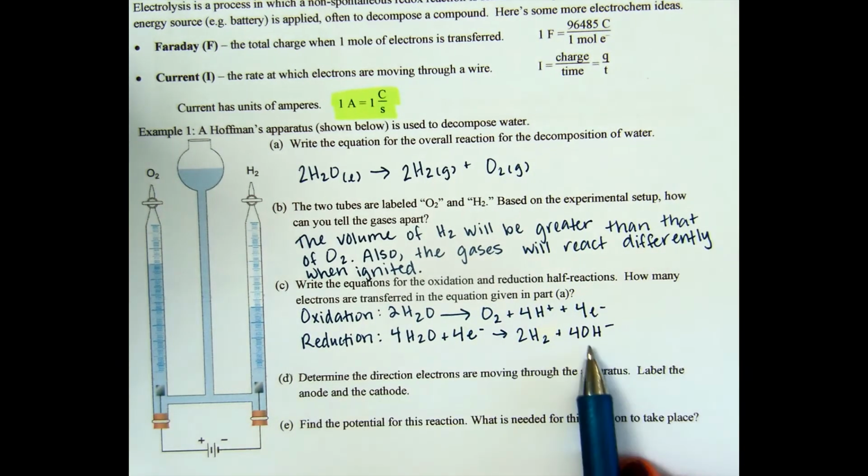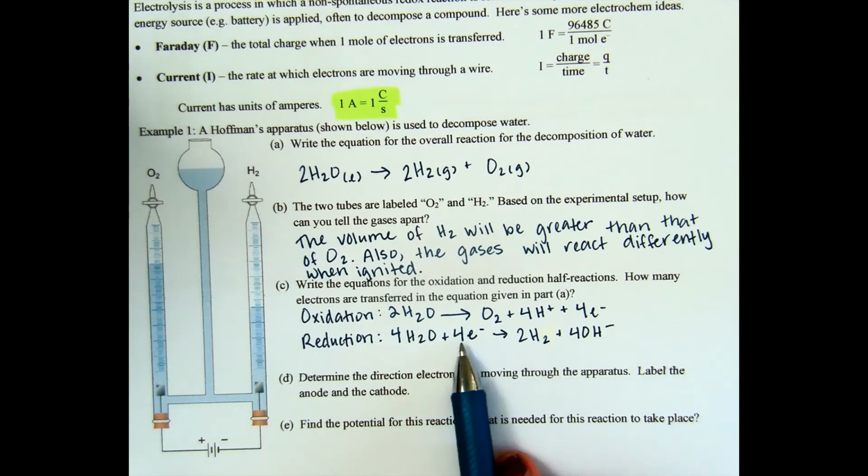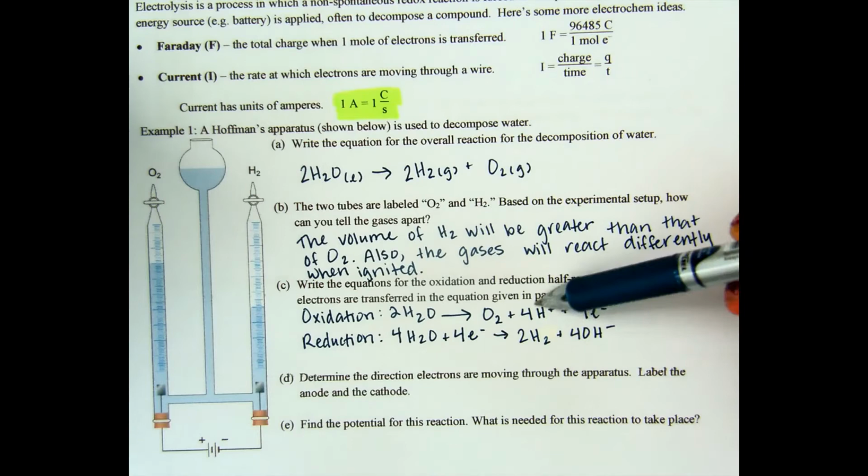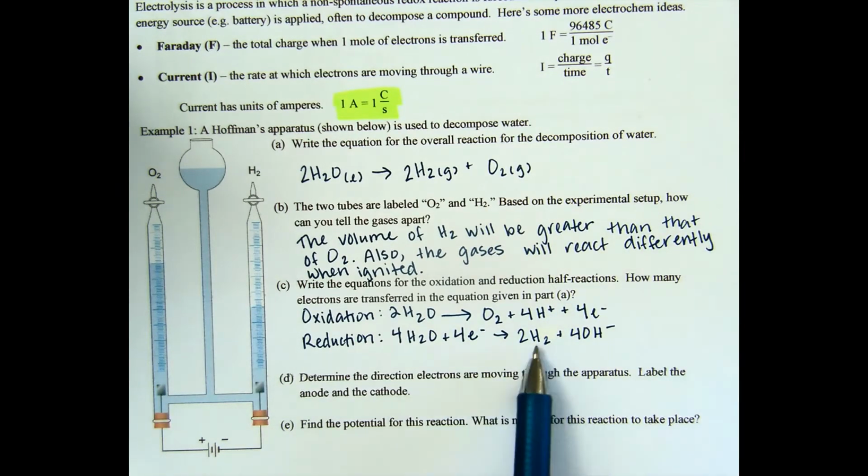We need those hydroxides, those 4 of them, to balance that 4 charge over on the reactant side. Remember, we add hydroxides and we add hydrogens to balance. Also, we have H and OH for H2O.